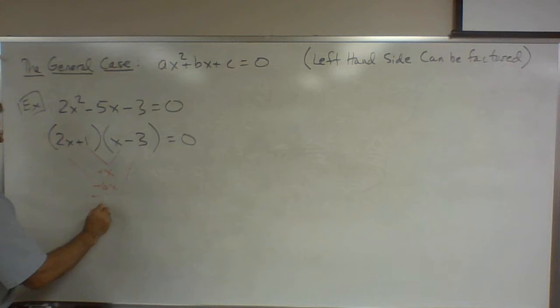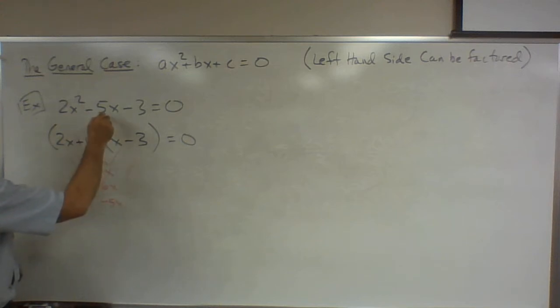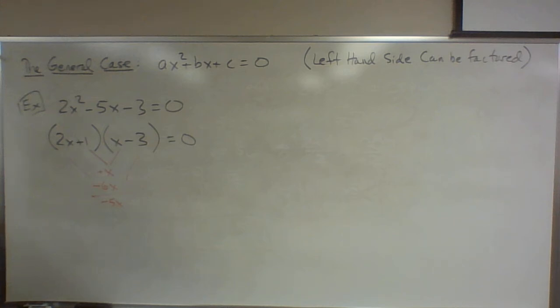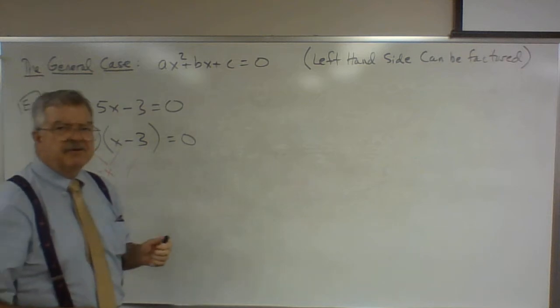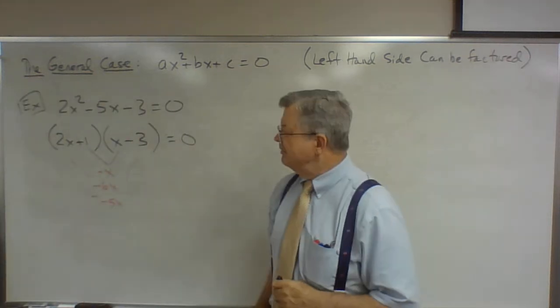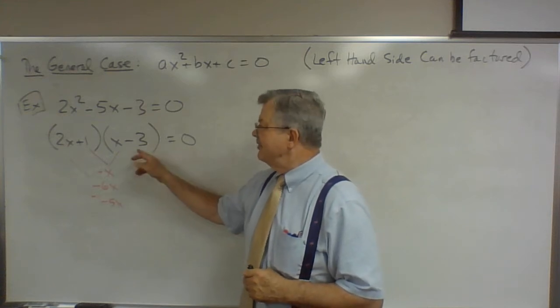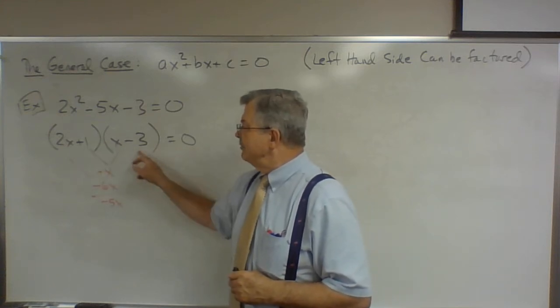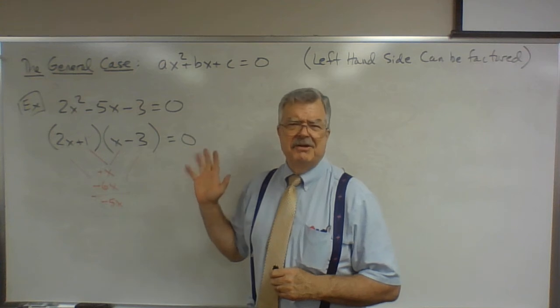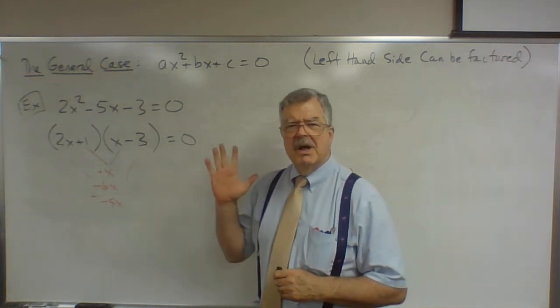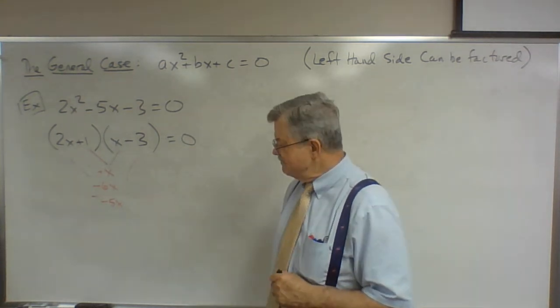And that gives us negative 5x, the middle term. This is correct. You know, I usually don't get these right on the first try. Usually I have to try twice, 3 times before I get the exact numbers to put in here. There's a little bit of trial and error there. Well, we got it right on the first try. Good.